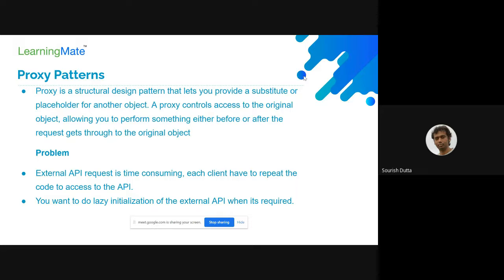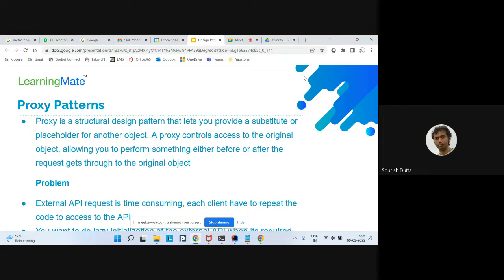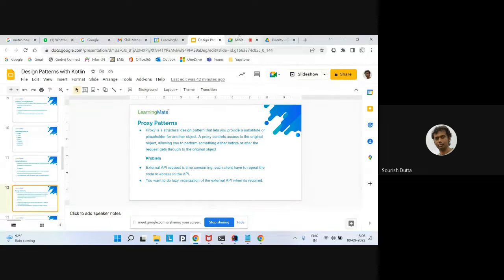There may be a cache system, a Redis cache or a distributed cache. And in that particular cache, I'm going to store the data. I'm going to check before I call the external service whether the cache has the data or not. And then I'm going to make a call to the actual service. If the value is not there, and the value is returned, I'm going to store that particular record there. Okay, that's the proxy pattern.